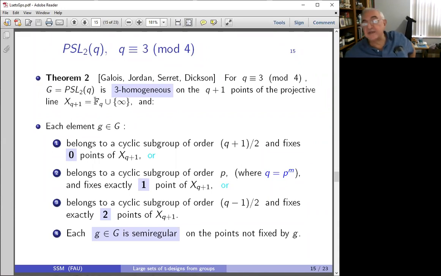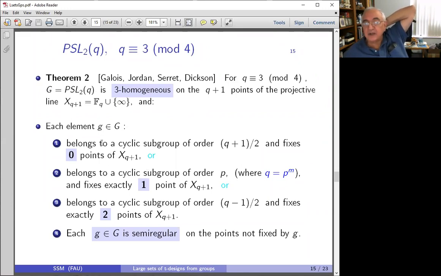infinity. You can think of these also as fractions, right? This is also known as the linear fractional group. When Q is congruent to 3 mod 4, we get a 3 homogeneous group. In addition, we have the following amazing property.